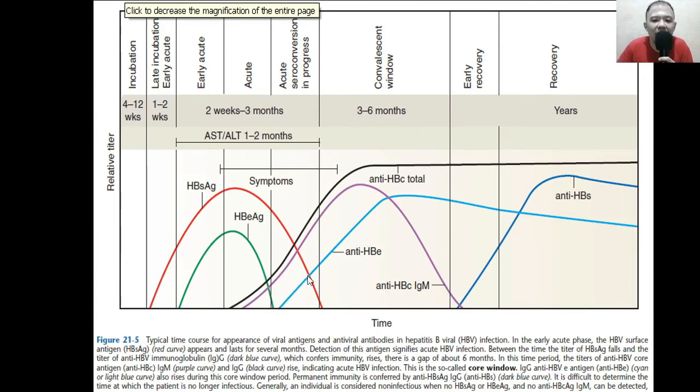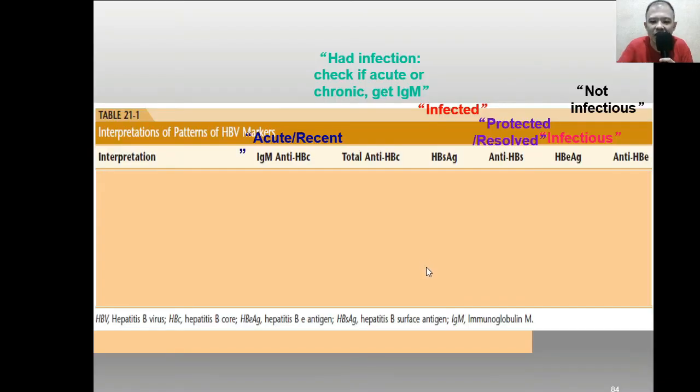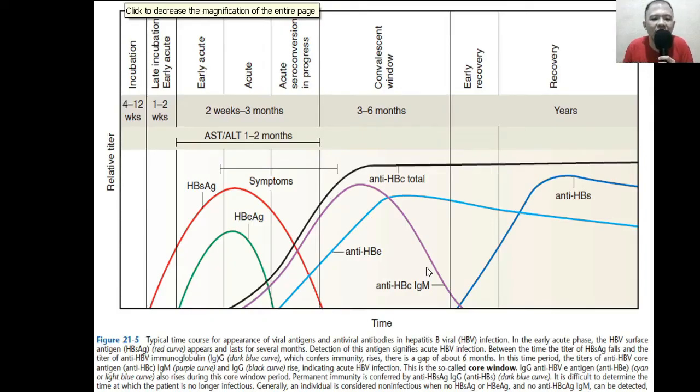What is reliable is the antibody to the core, anti-HBC IgM. So let's trace. HBS starts to appear, then goes high, then we see HBE. So the patient has been infected and is infectious here, so careful.